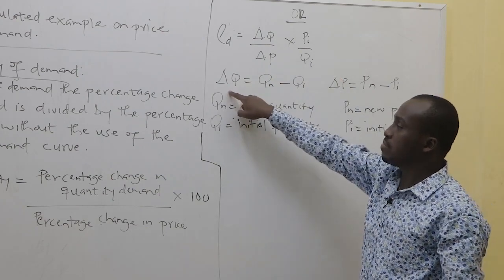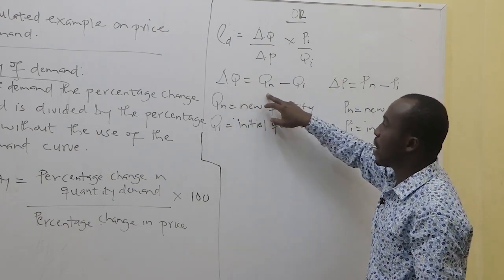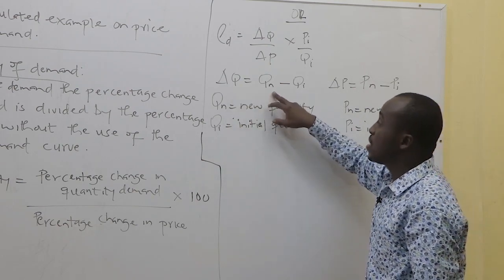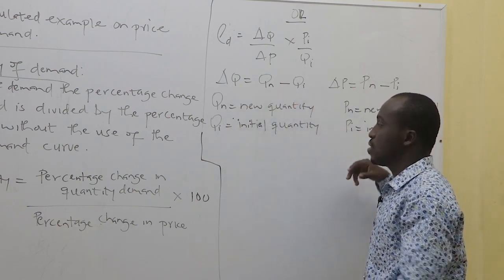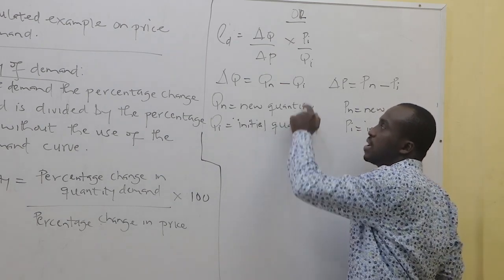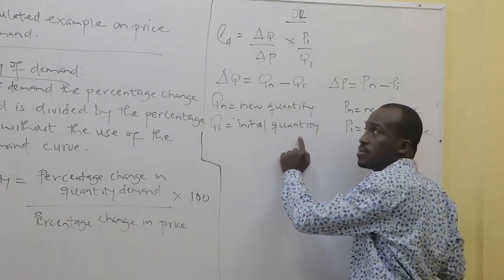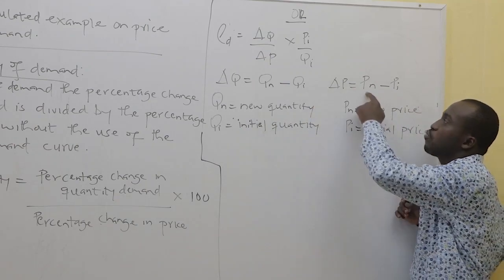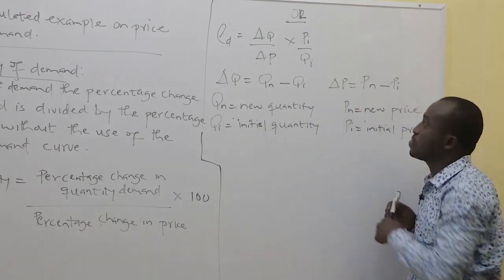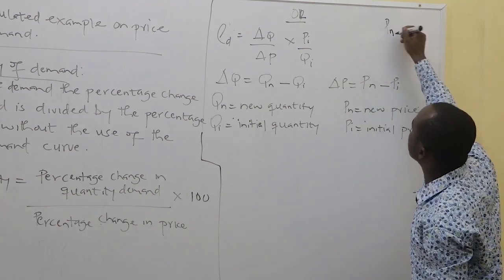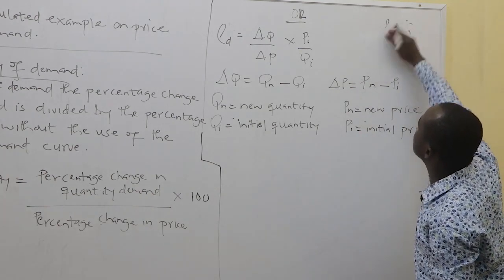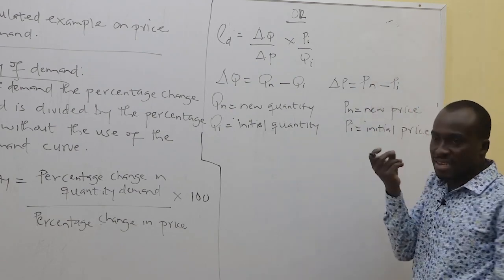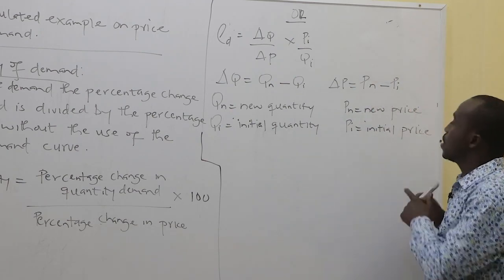What is the change in quantity demanded? The change in quantity demanded is the new quantity minus the initial quantity. So QN is the new quantity and QI is the initial quantity. What is the change in price? The change in price is the new price, PN, minus PI. They are subscripts, so don't write it as PN; they are just small letters showing subscript.